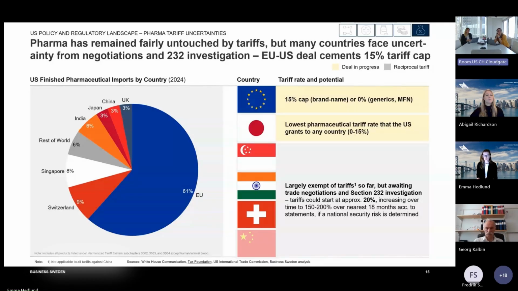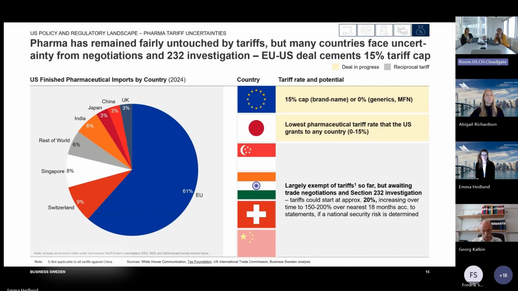And then we see some other countries like Singapore, India, Switzerland, and China, where the tariff discussions are still going on, and there are these Section 232 investigations. You might be familiar, we're all too familiar these days with Section 232. It's essentially a power that the president has when it comes to national security considerations, that they can adjust tariffs more quickly.